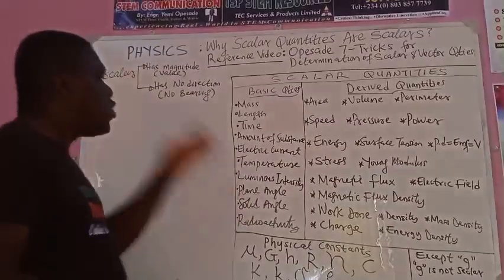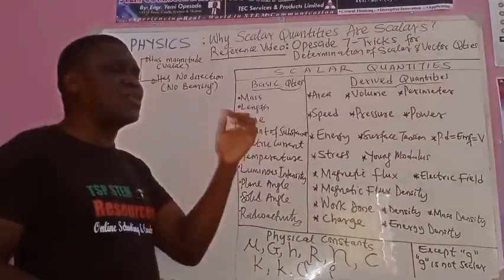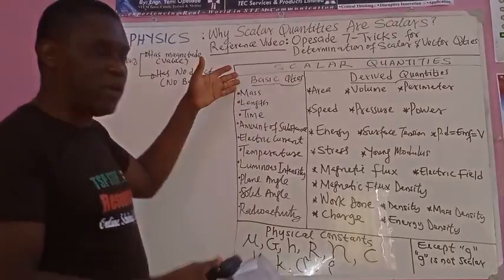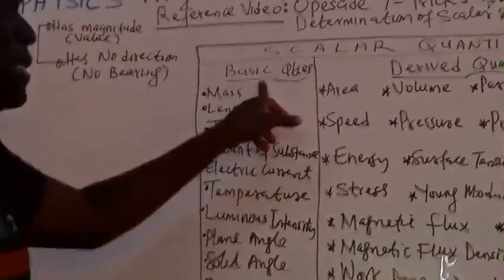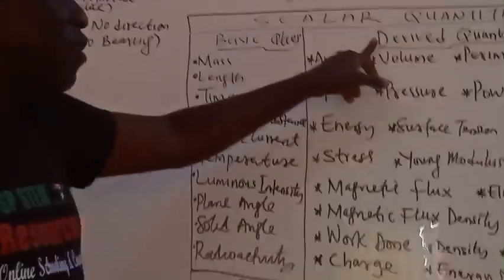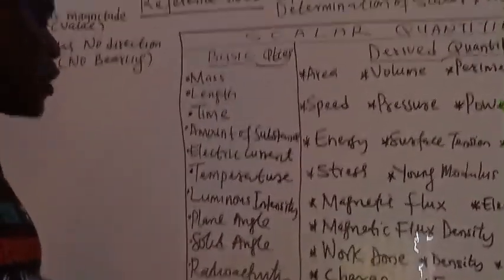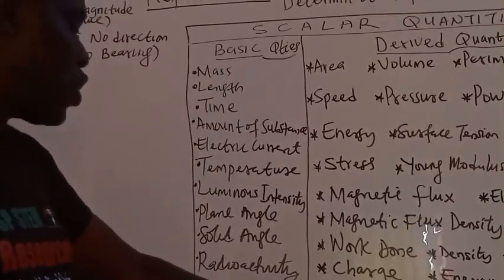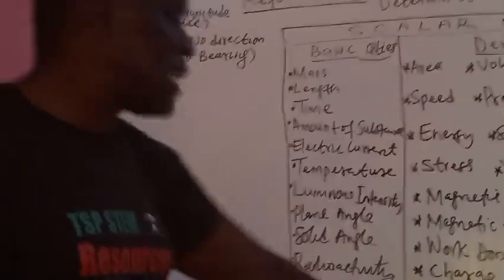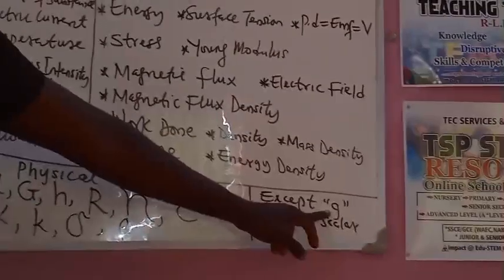Today we are looking at how you really know that certain quantities are scalar. If you look at the board, you will see that I classify scalar quantities into 3: the basic quantities, the derived quantities, then some physical constants are also scalar, except acceleration due to gravity.